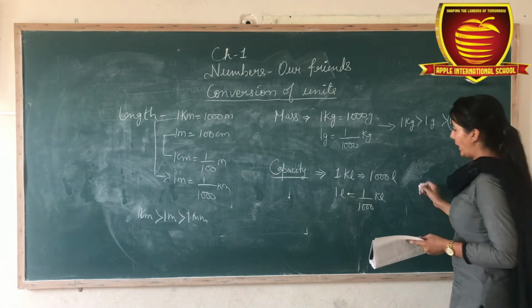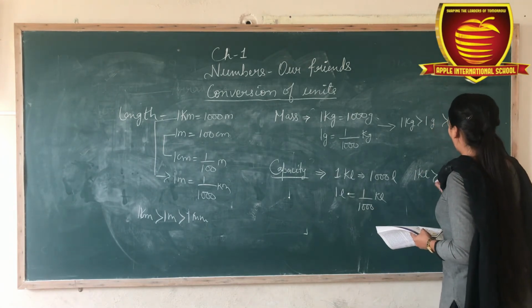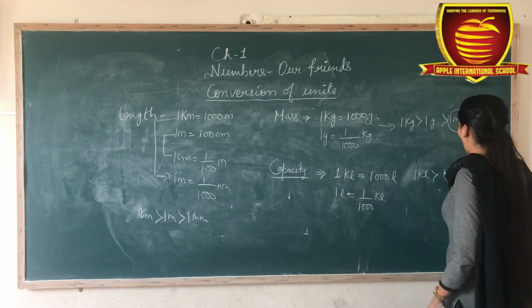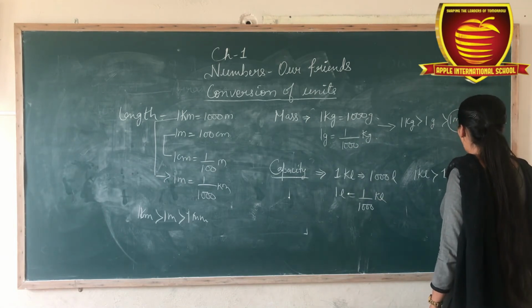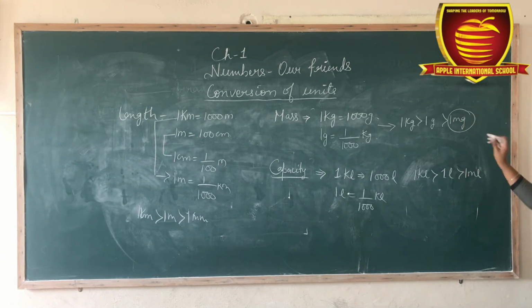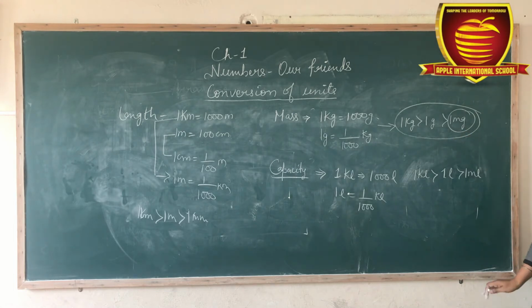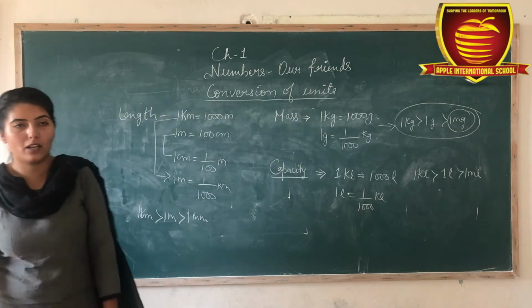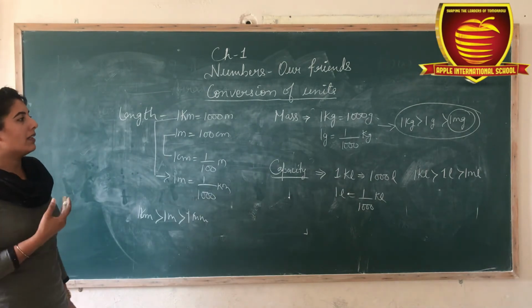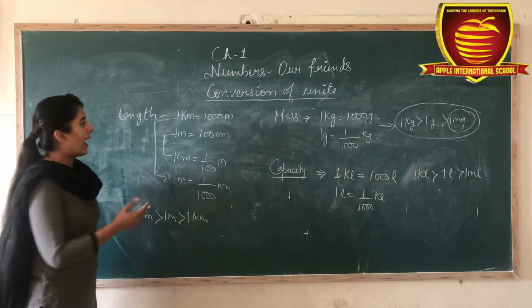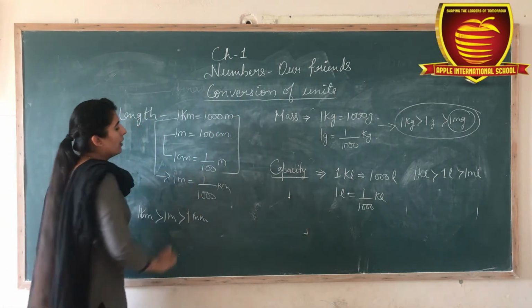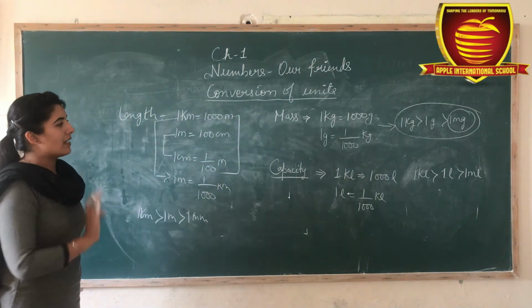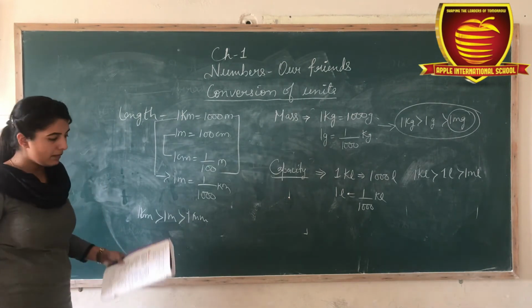Similarly, in capacity, 1 kiloliter, 1 liter, then 1 milliliter. These are the 3 main units of each measurement: length, mass, and capacity. Now we have to do some questions on these conversions, but for performing these questions you have to learn these comparisons.